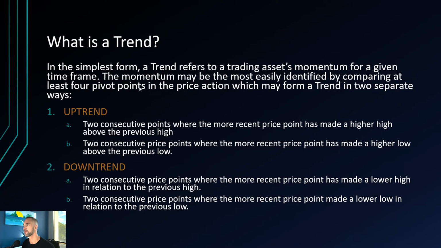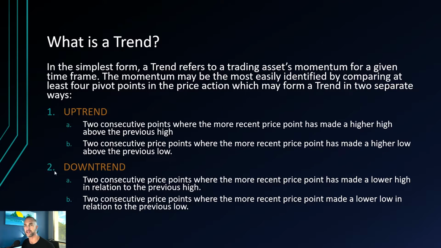In the simplest form, a trend refers to a trading asset's momentum for a given time frame. The momentum may be most easily identified by comparing at least 4 pivot points in the price action, which may form a trend in 2 separate ways.